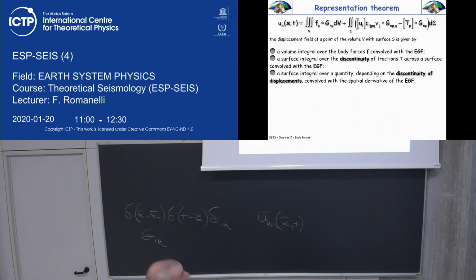So, in very simple terms, this is nothing else than a set of couples distributed over the fault with arm in Q and with a force that is related to the amplitude of the slip in that point. And please do remember that this is an integral over the discontinuity, so over the fault.